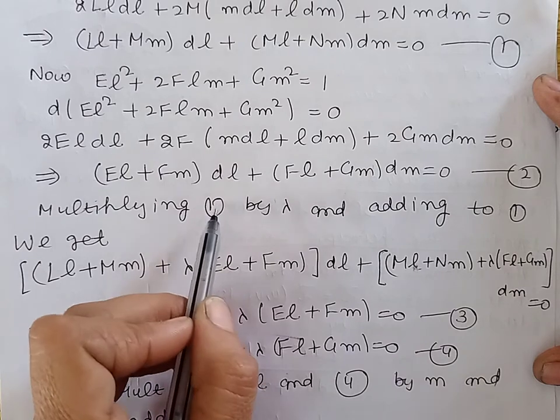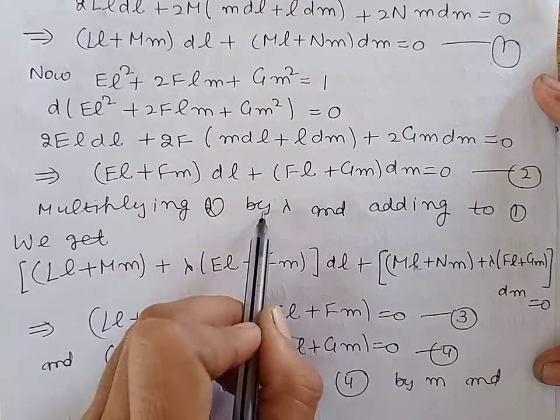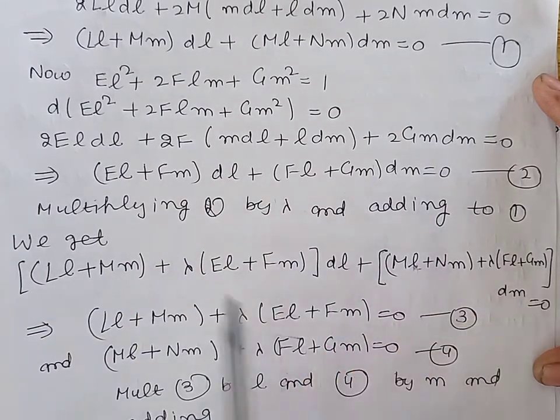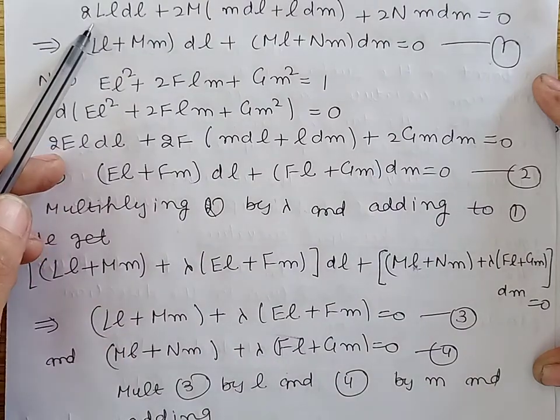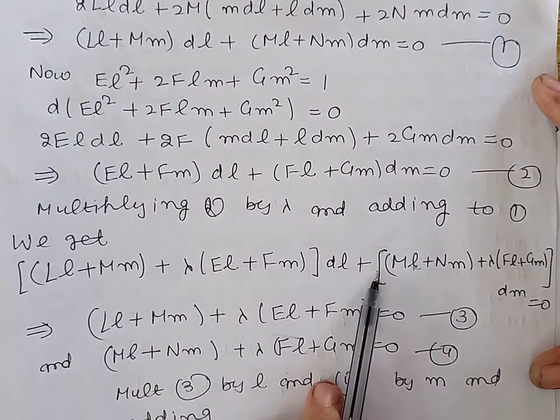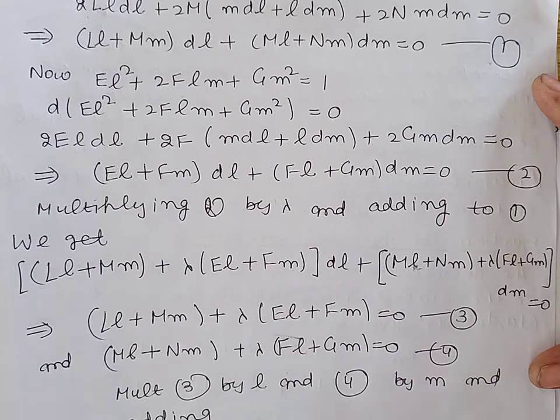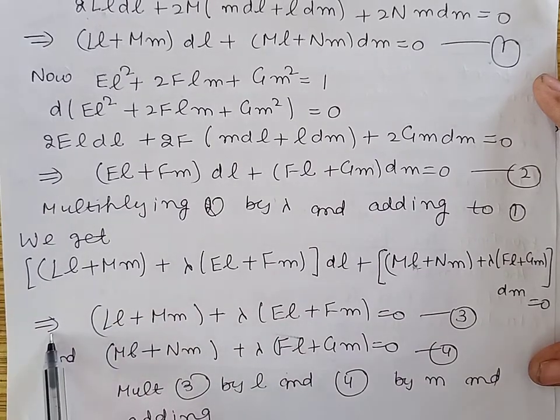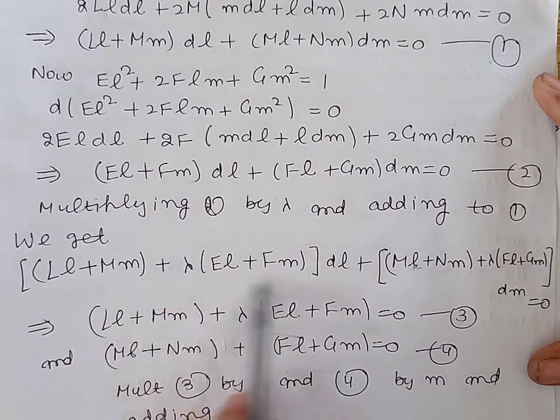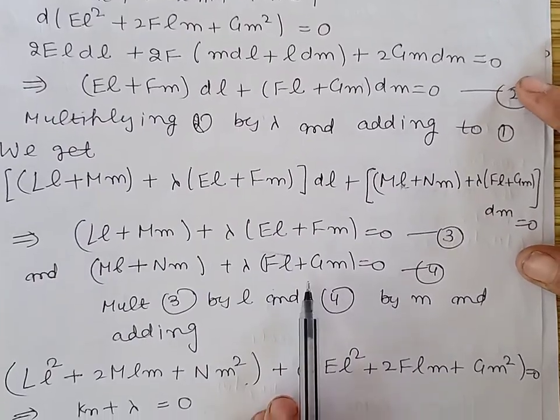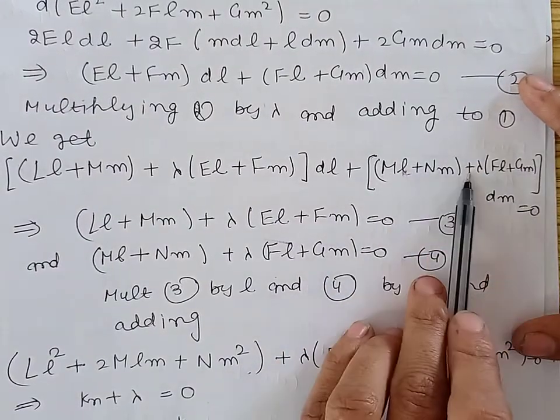Here we have multiplied the second equation by lambda and added it to the first, so we have obtained this equation. Now from here, this further implies that the coefficient of dl is equated to 0 and the coefficient of dm is also equated to 0.